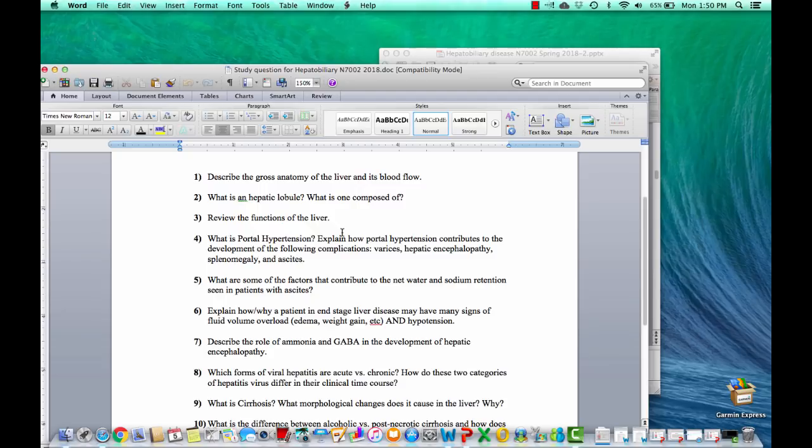Now, what are some of the motor effects of encephalopathy? Flapping tremors, right? Good. How can we actually measure the changes in the brain caused by encephalopathy? The EEG.